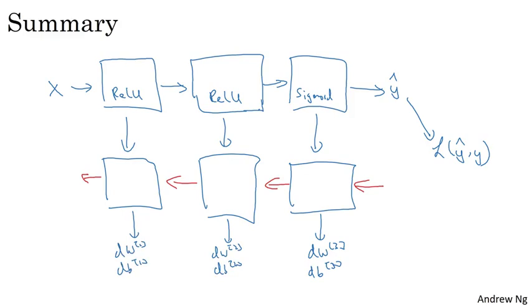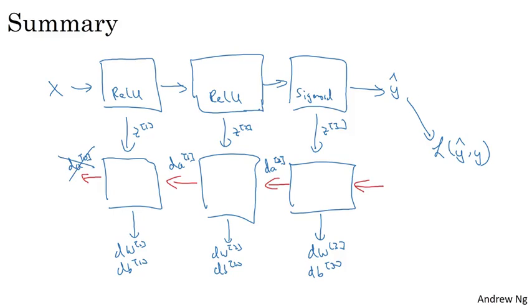Along the way, the cache would transfer Z1, Z2, Z3, and here you pass back dA2 and dA1. This could compute dA0, but we won't use that, so you can just discard that, right? And so this is how you implement forward prop and back prop for a 3-layer neural network.